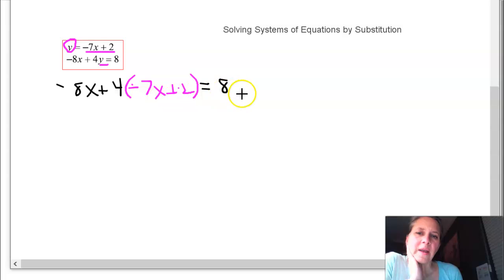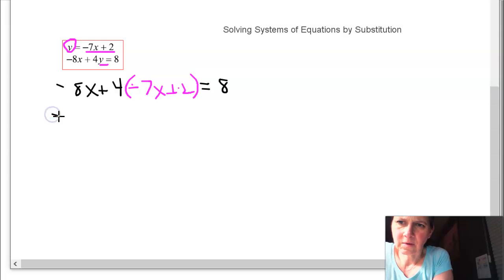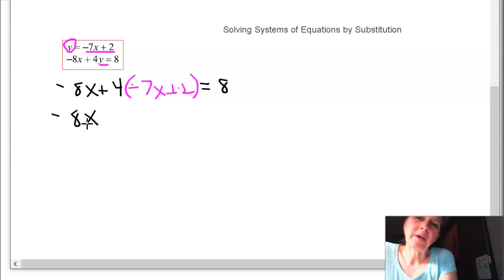So what I'm going to do now is distribute this whole thing. I'm going to write it again. This negative 8x, I'm just going to write down again, and then I'm going to distribute. So I have my 4.